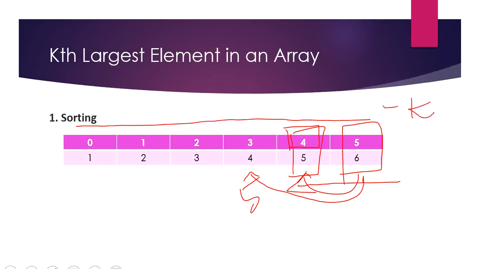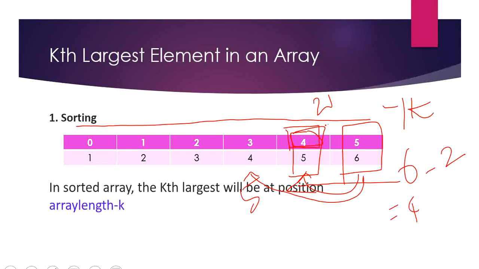For example, we have to find the second largest element. Where does our second largest element reside? At the fourth index. So the size of our array is 6 and our k is 2. So at the fourth position, our second largest element is there. By using this simple logic, we determine where our kth largest element is.